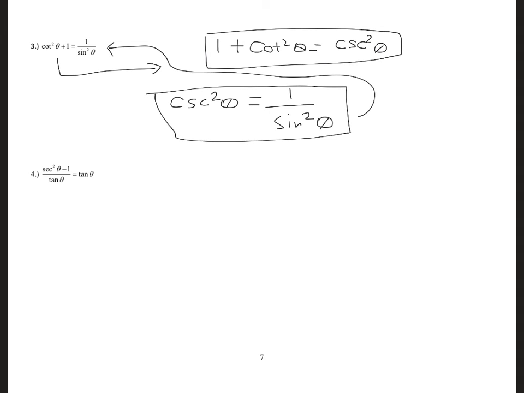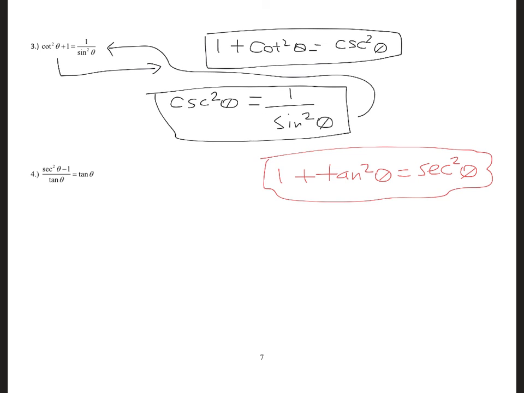Secant squared theta. That should remind me that 1 plus tan squared theta is equal to secant squared theta. Knowing these trig identities helps you to simplify what you are given.